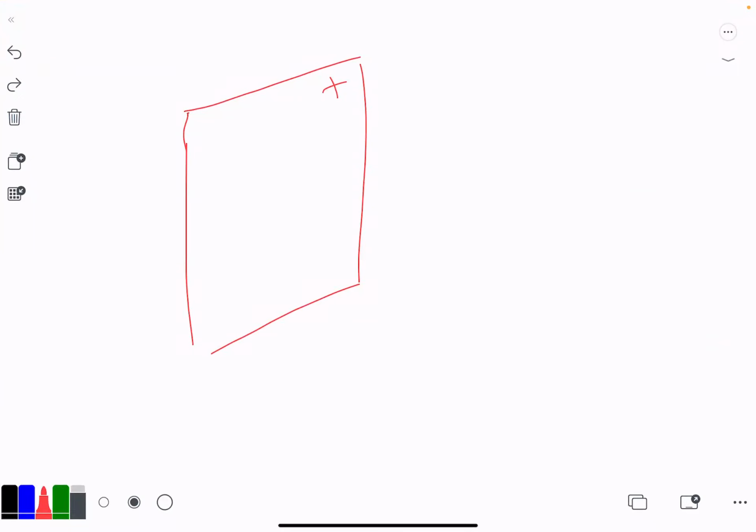Now, it's very large, so when it's positively charged, you will expect that it will have electric field lines on both sides, not only one. So we have this side, which is area A, and the other side, which is also area A.